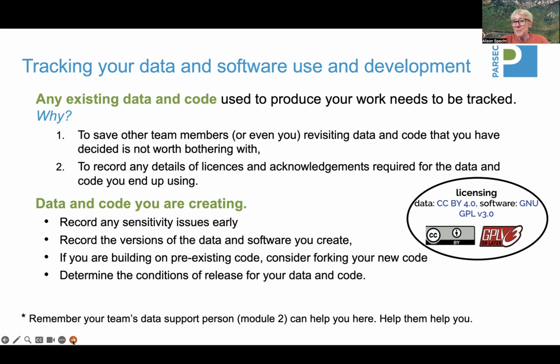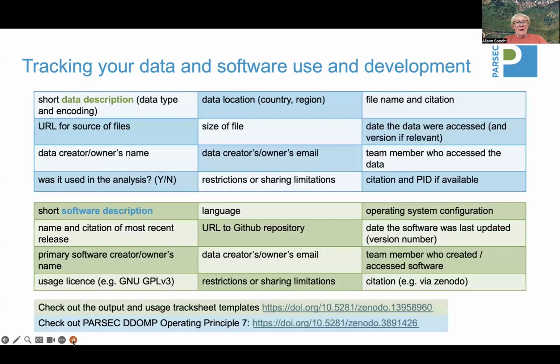Does it involve any sensitive data? Now, in the Parsec project, we used CC BY 4 for licensing, and for software GNU GPL3, just to help. So picking the right data support person, and maybe you have to bring someone in, is a real help when it comes to this.